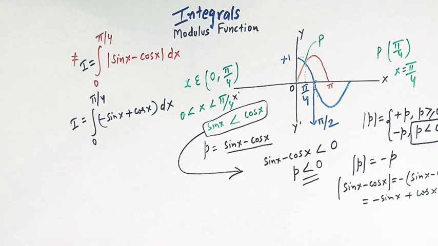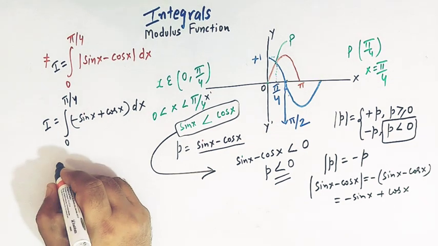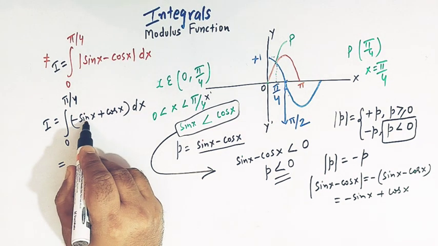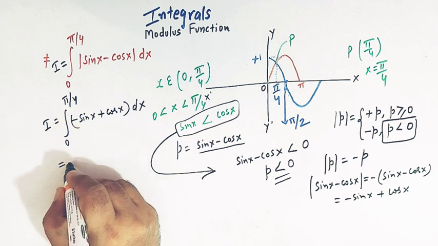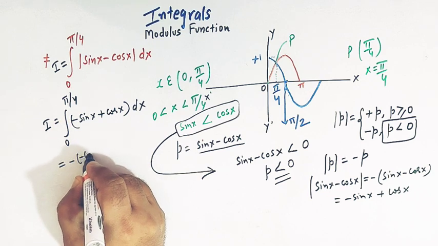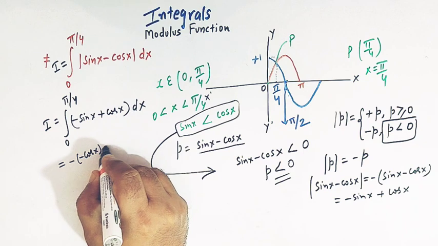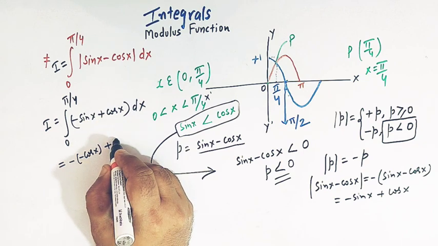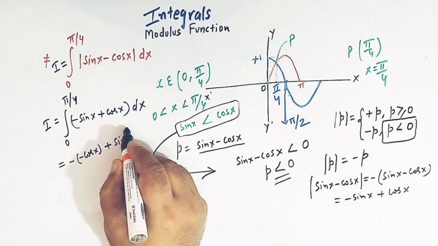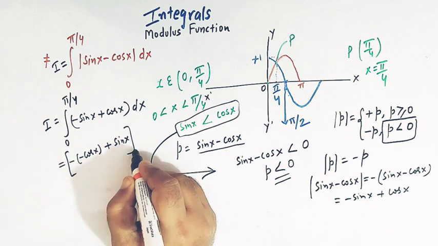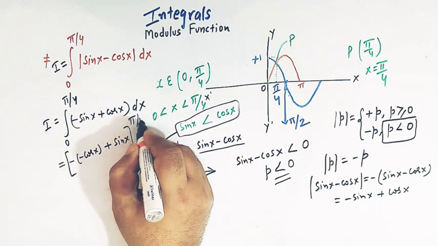So now we know that the integral of sine x is minus cos x, so we have minus minus cos x, and the integral of cosine x is sine x. And the limits of integration are from 0 to pi by 4.